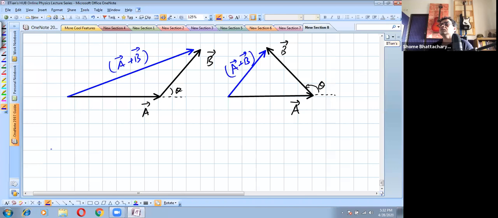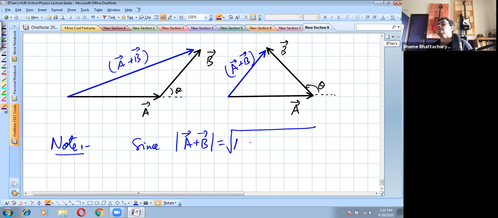So the first thing that we'll note down as a special aspect of that theorem is that the magnitude of A plus B is equal to root of A square plus B square plus 2AB cos theta. Now comparing the above two, you can see something very interesting here.